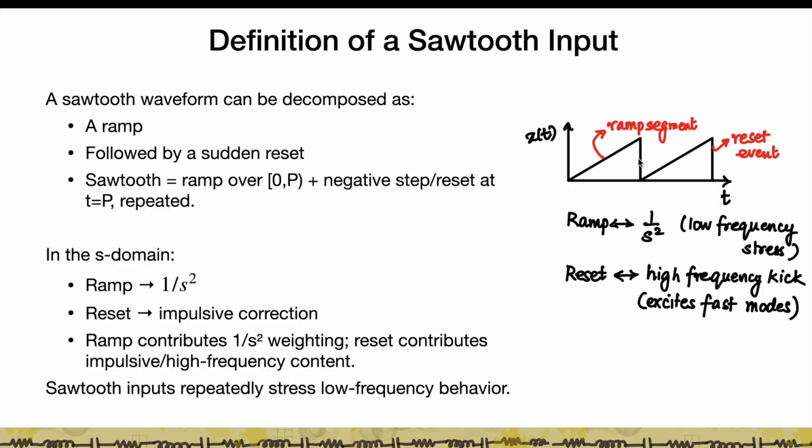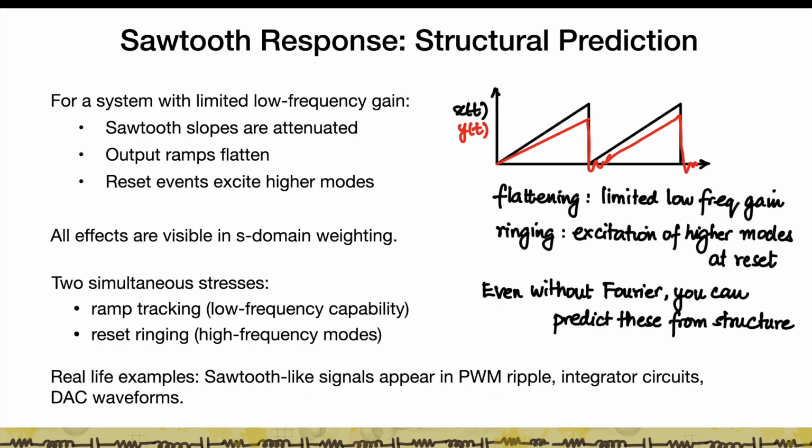This is a beautiful example of why thinking in S-domain primitives is powerful. You can predict flattening of slopes from limited low frequency gain and ringing at resets from higher modes without doing Fourier yet. Now predict the response.